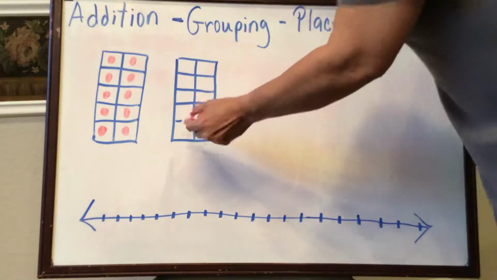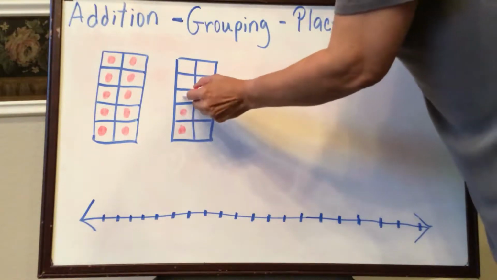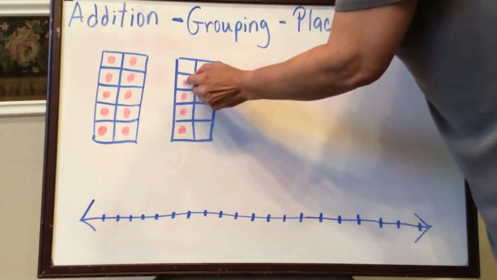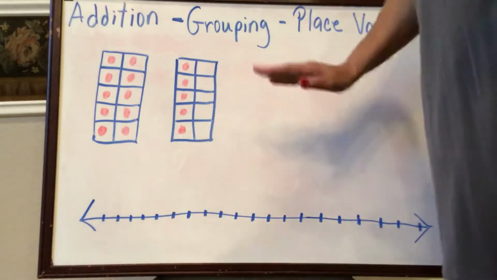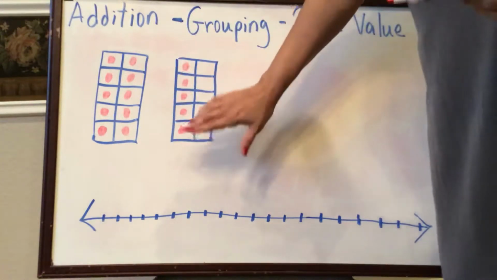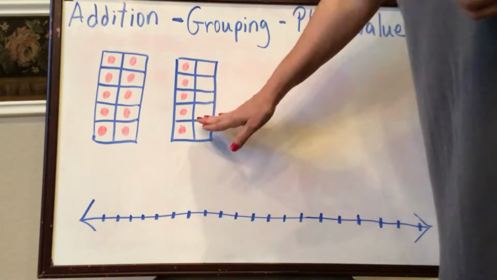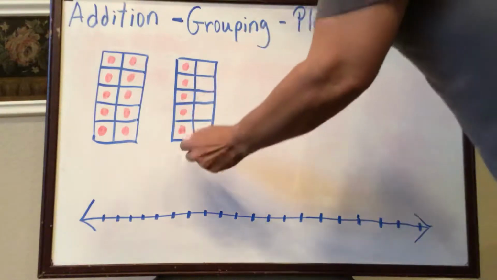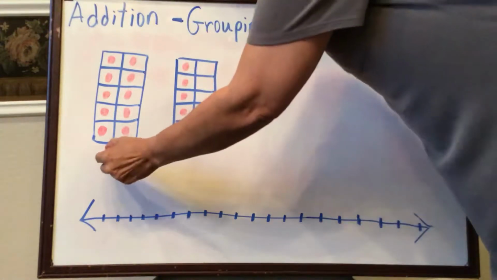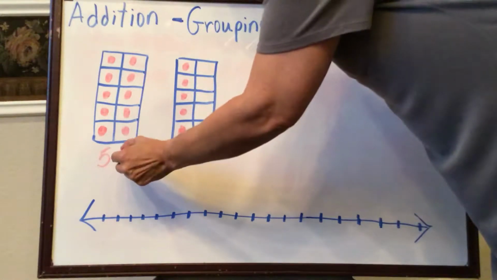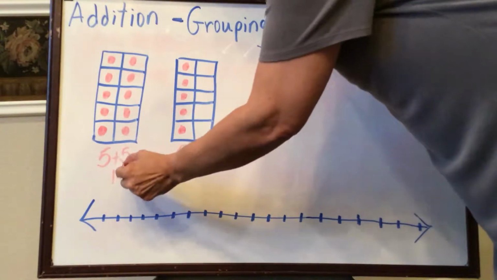So what happens if I draw 1, 2, 3, 4, 5? How many units do I have in this double 10 frame? We have, exactly, we have 5. So now I'm going to write the number right here, 5, and here I have 5 plus 5, that is equal, I'm going to put it here so you can see it better, 10.